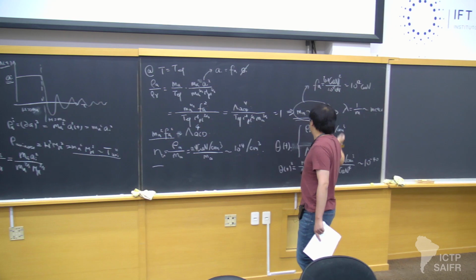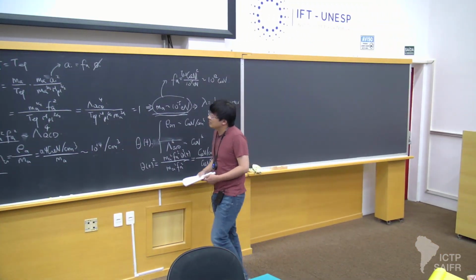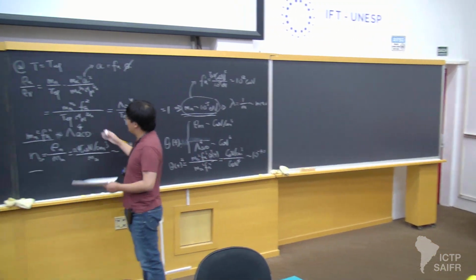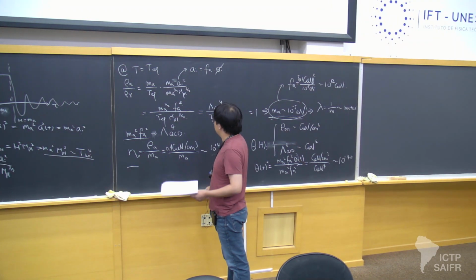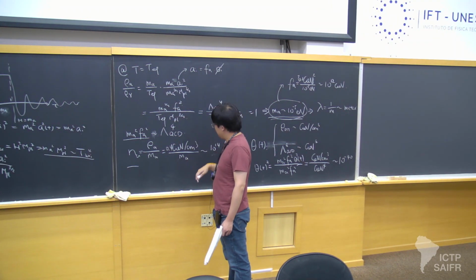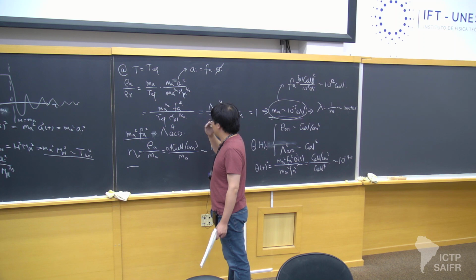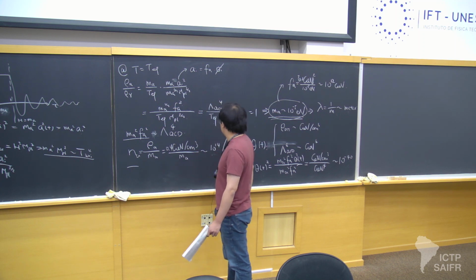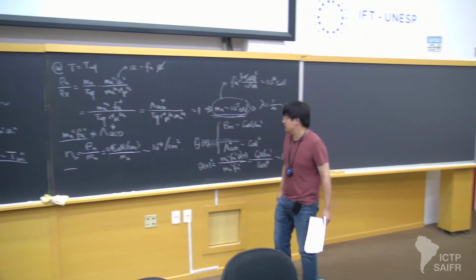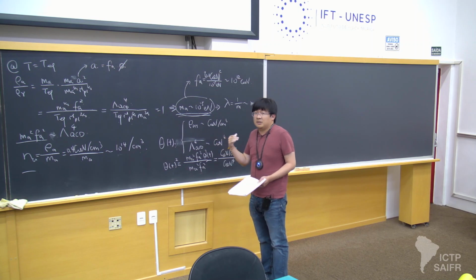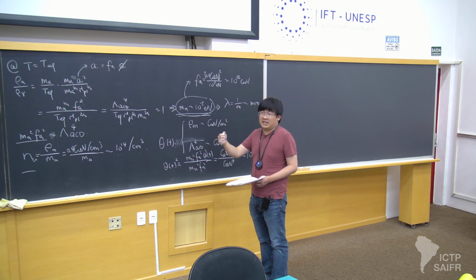If you go back and work out at what temperature the particle starts to oscillate, m_a equals Hubble, you will realize that this estimate assumes that the particle mass is already on when the temperature of the universe is much more than 1 GeV.